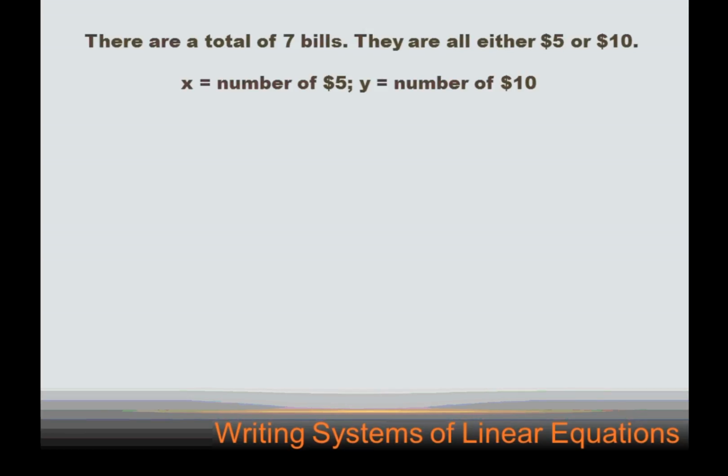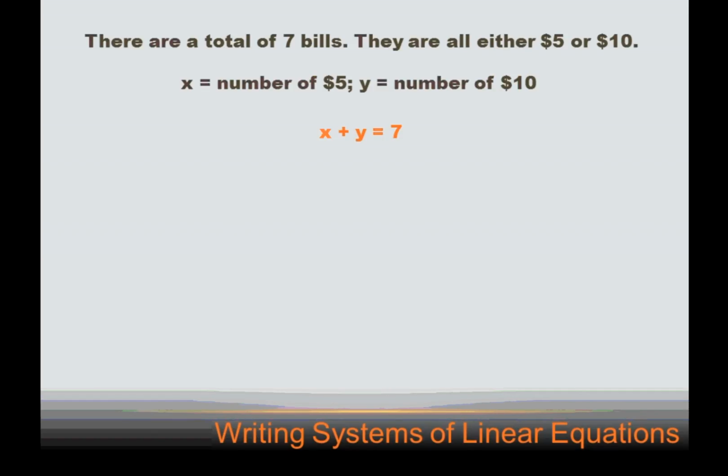That's what we're trying to find out, how many fives and how many tens there were. Now going back to that first statement, we know there's 7 bills, and they got to be fives or tens. So the number of $5 bills plus the number of $10 bills equals 7.